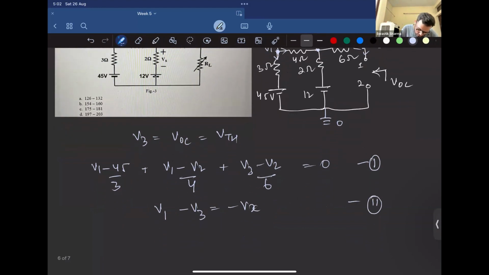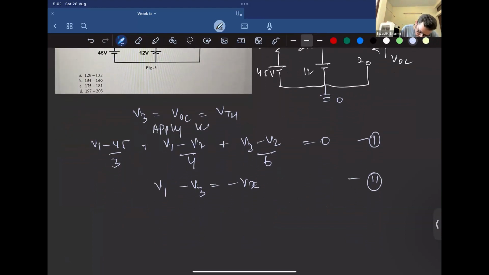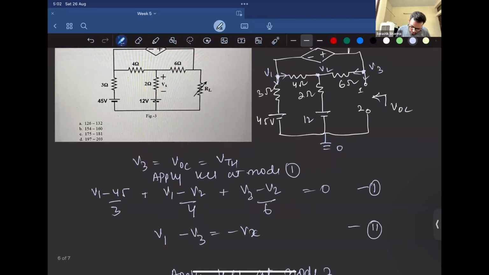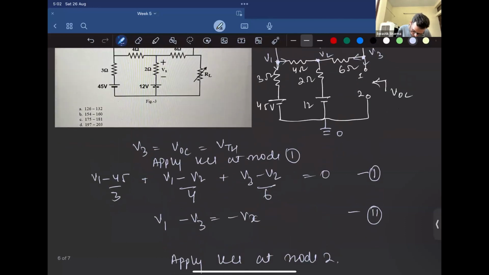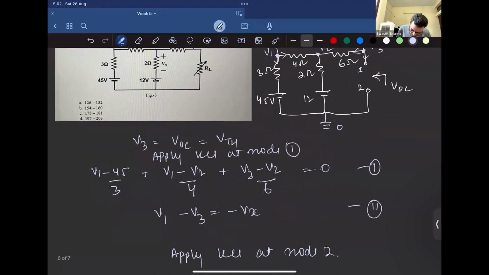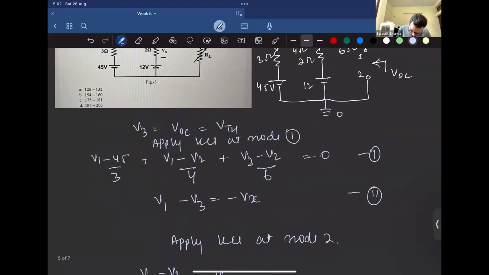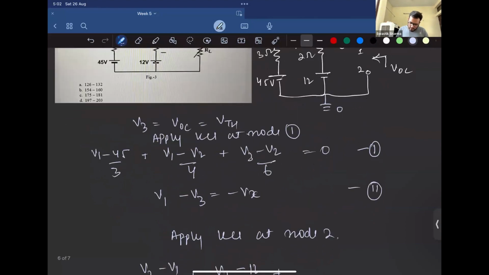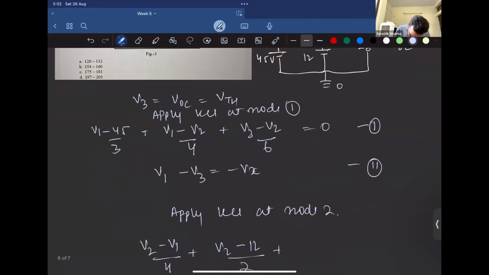And applying KCL at node 2, it would be what? (V2 minus V1) by 4. Are you solving it with me? (V2 minus 12) by 2 and (V2 minus V3) by 6.